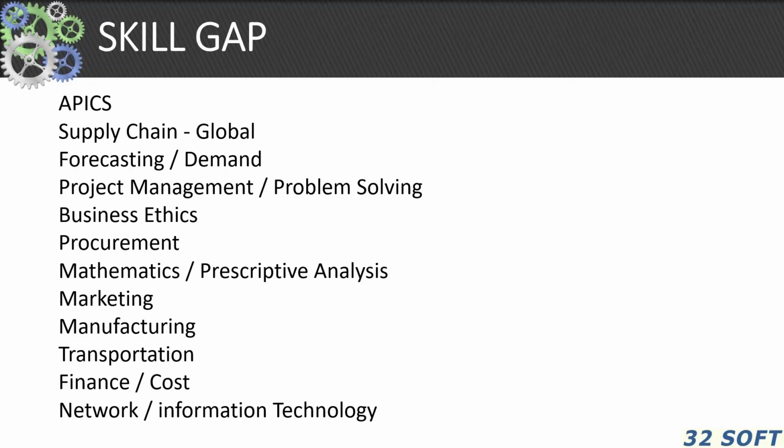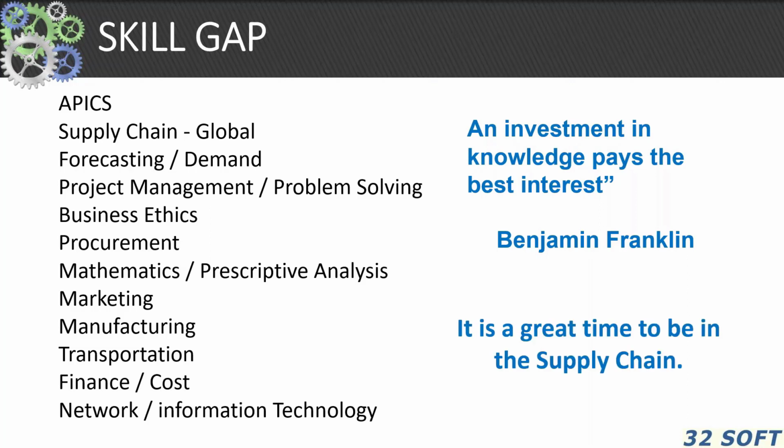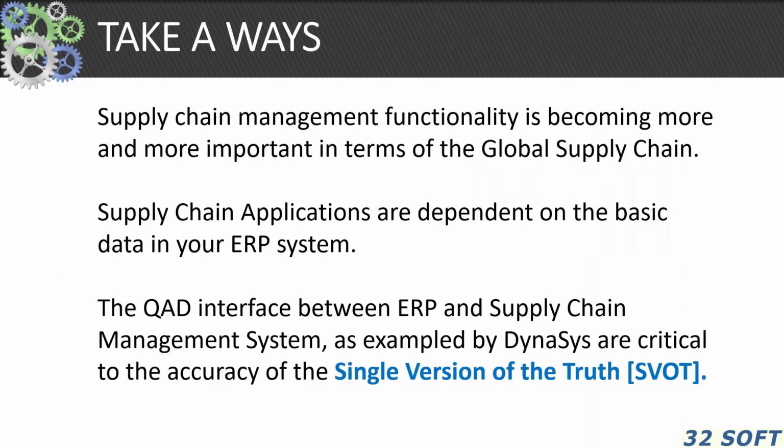These are tools in our toolkit that we need to develop and sharpen in ourselves and our progeny. Ben says an investment in knowledge pays the best dividends. Again, it's a great time to be in the supply chain. Supply chain management functionality is becoming more and more important in the terms of global supply and humanity. As we have seen, supply chain applications are dependent on the basic data in your ERP system.